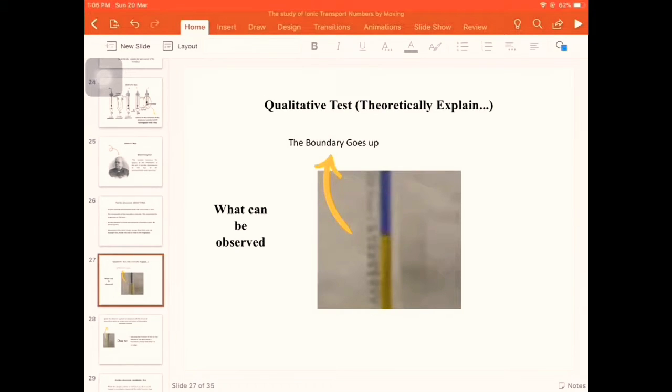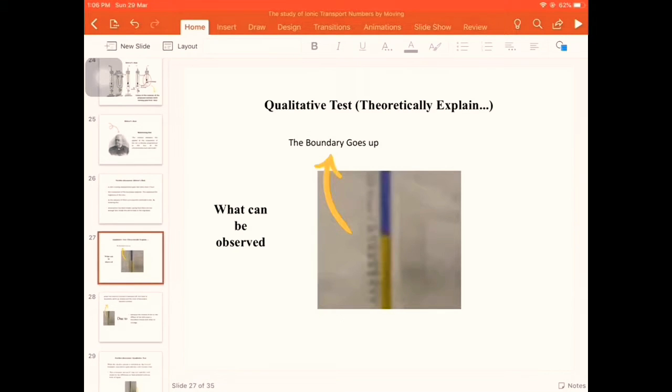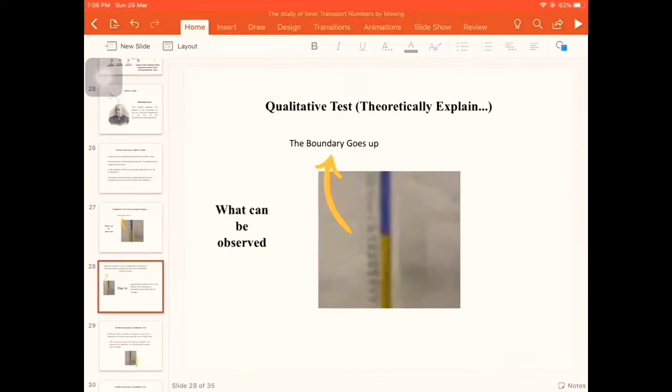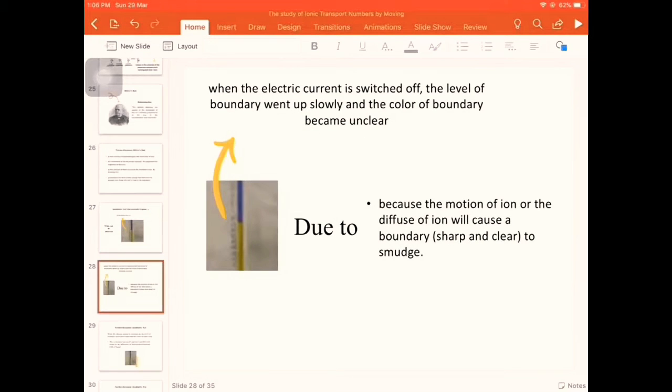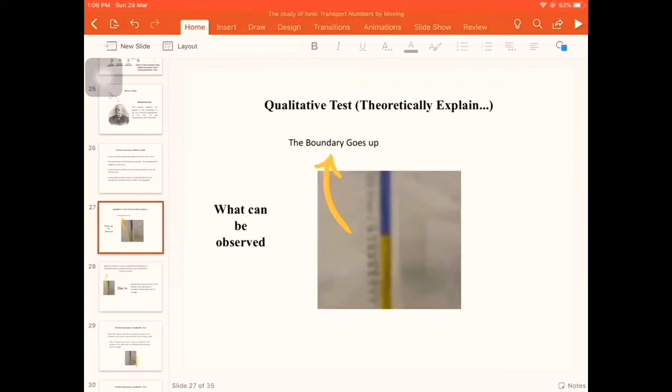As we shut off the current, what can be observed is basically the boundary goes up.